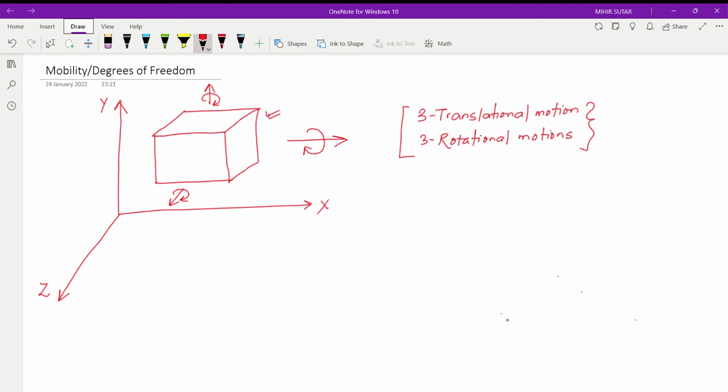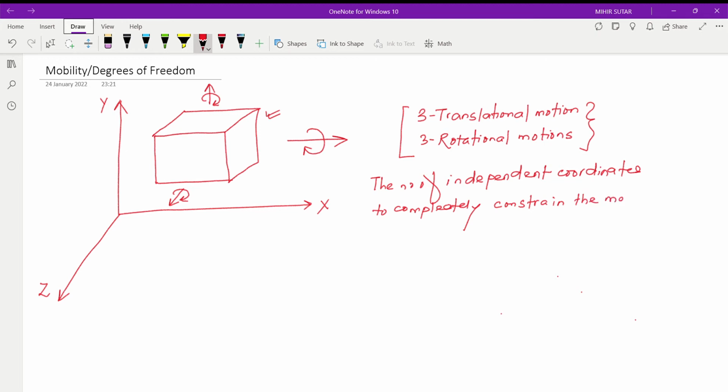So generally it is defined as the number of independent coordinates to completely constrain the motion of a body.